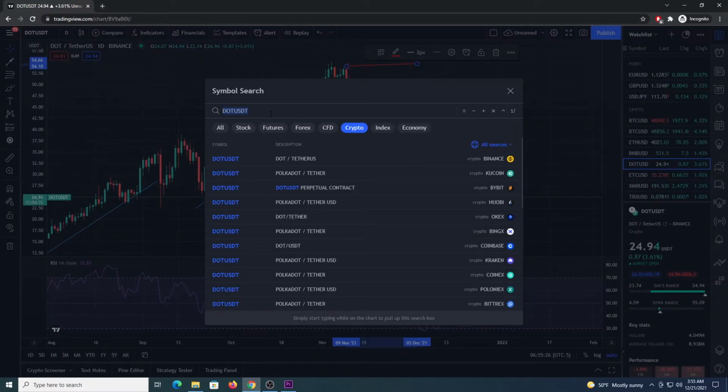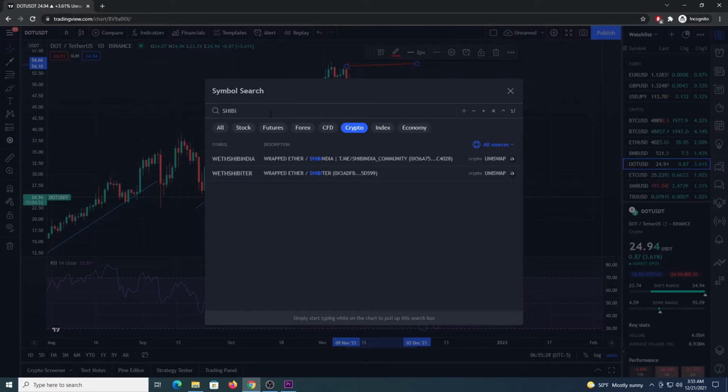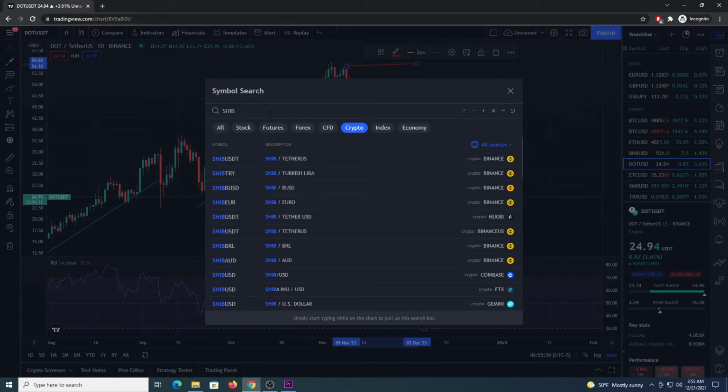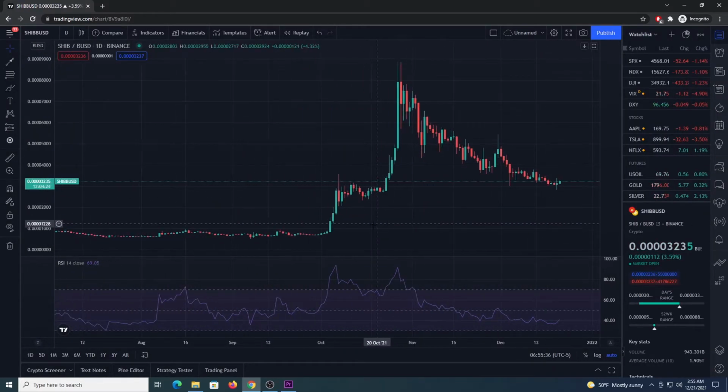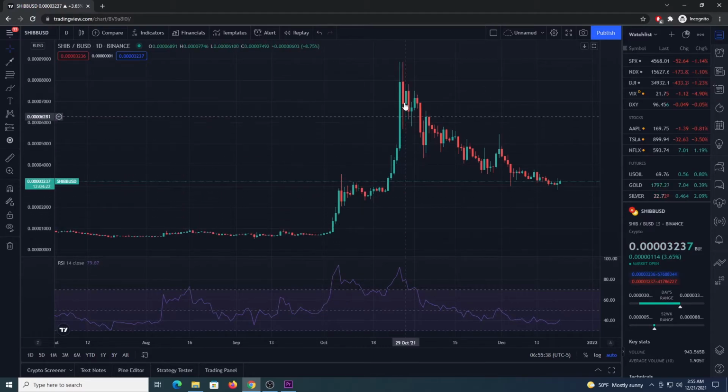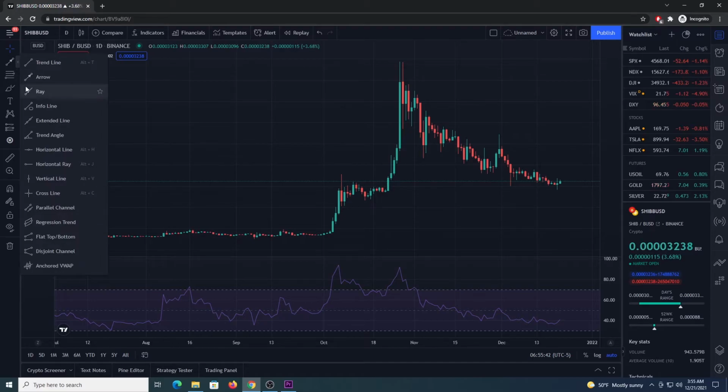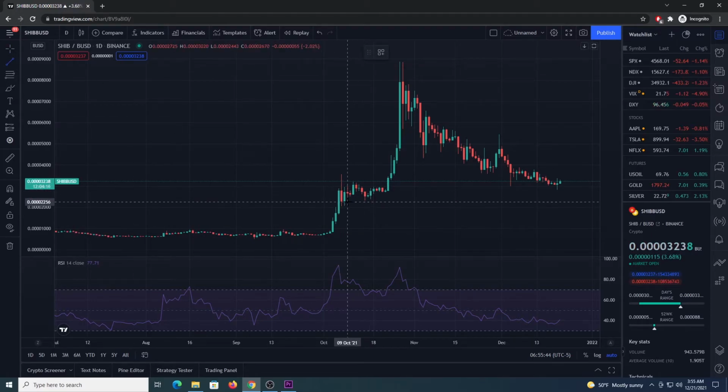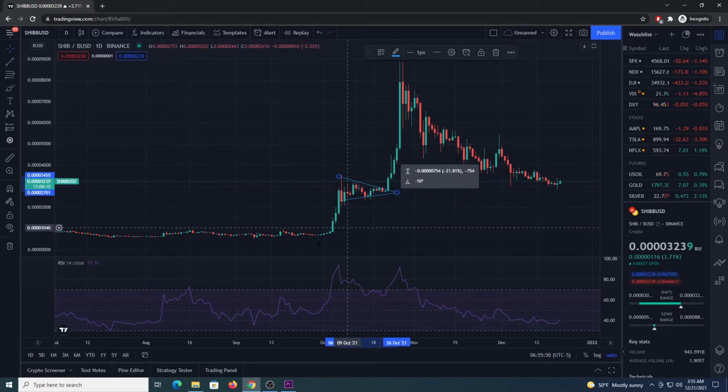If we change here and we go to Shiba Inu pair, Shiba Inu dollar, we'll see that we have an uptrend here, right? In the middle of the uptrend, we can see some sort of formation. This is a consolidation structure, and it has the shape of a triangle.